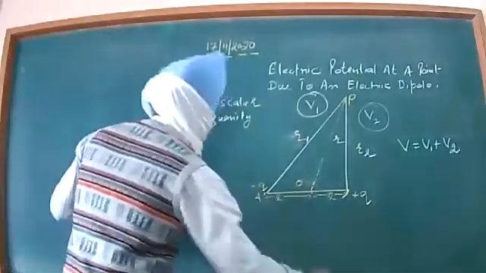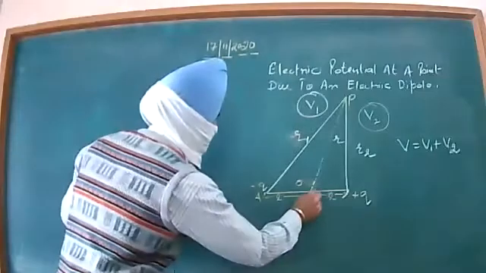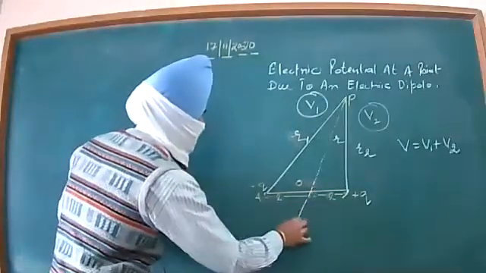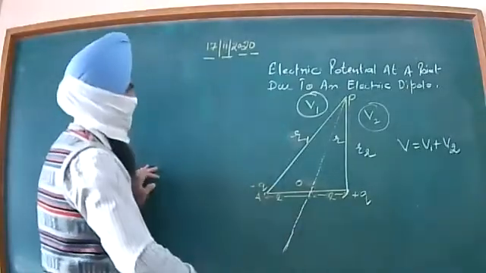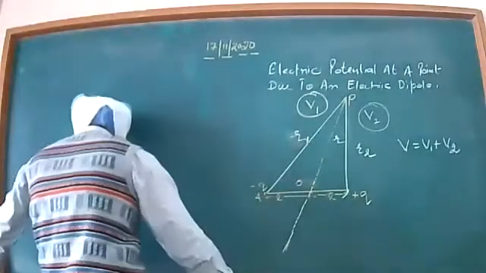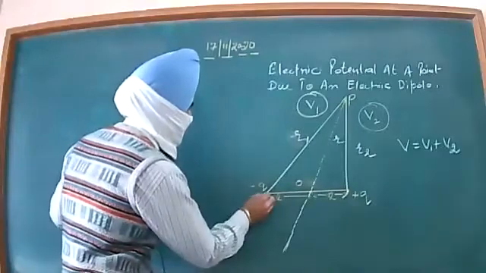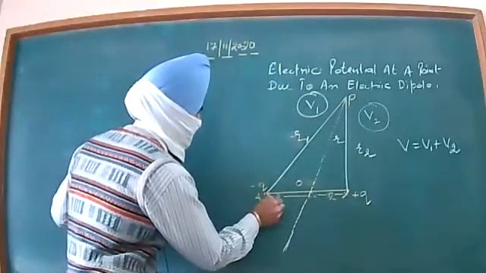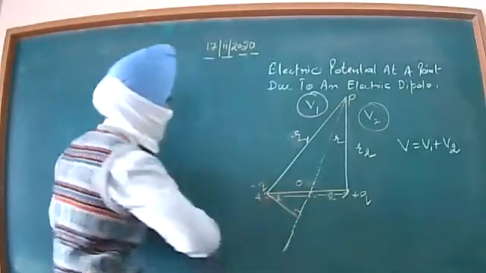Now, in order to calculate V1, imagine I extend this line in this manner. Furthermore, if I drop a perpendicular from this point A on this line which is passing through the center, let us imagine that this is the normal.